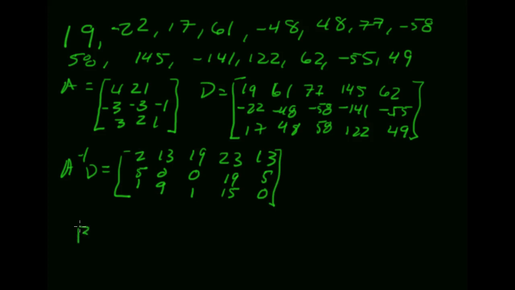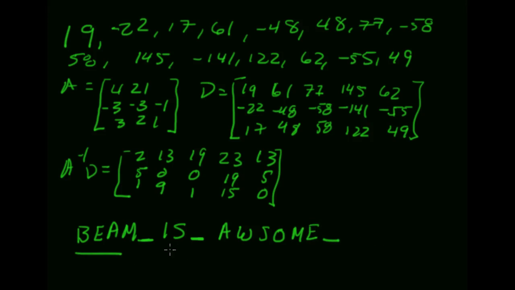The 2 becomes a B, the 5 an E, the 1 an A, the 13 an M, 0 is a space. 9 is an I, 19 is an S, 0 is a space. 1 is an A, 23 is a W, 19 is an S, 15 is an O, the 13 is an M, the 5 is an E, and a space, and it says Beam is awesome and humble too.